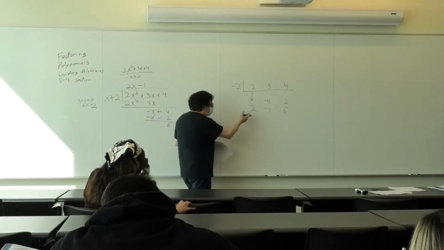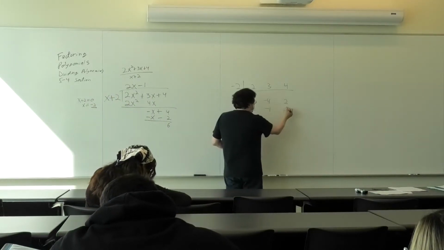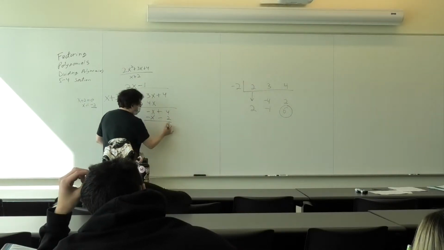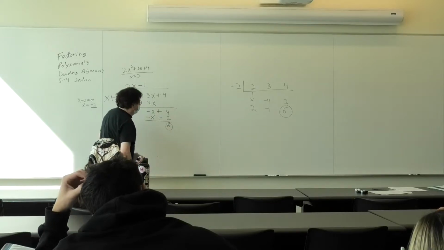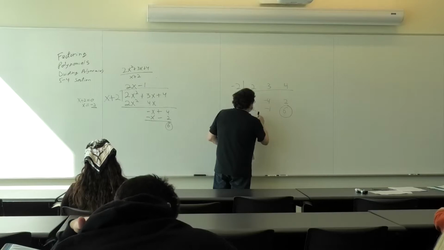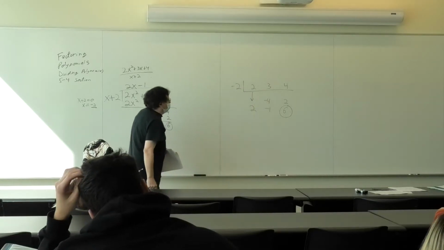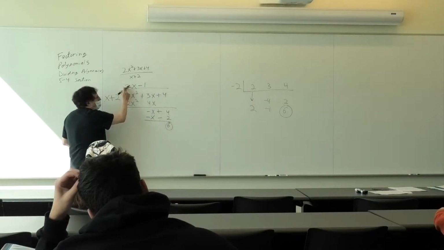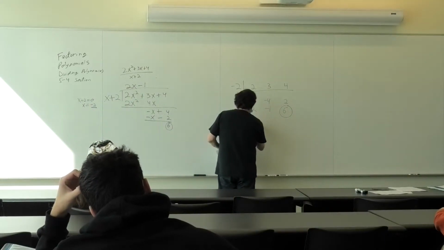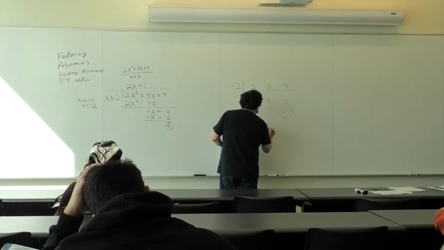Now, let's look at this and interpret it. This is the remainder. It's the same 6 we have here. This is the coefficients of what we got when we divided. So 2x minus 1.